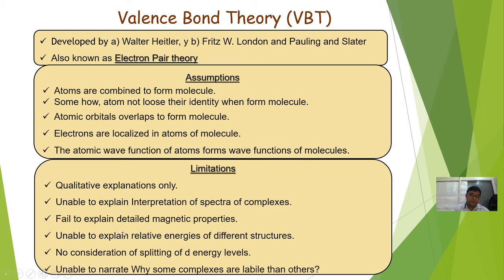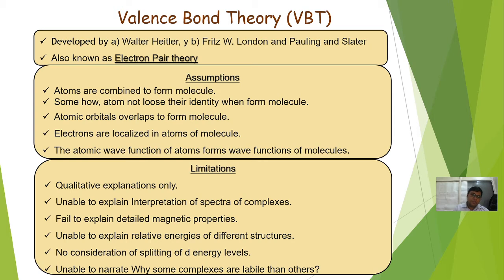It fails to explain the detailed magnetic properties of compounds or complexes. Valence bond theory is unable to explain relative energies of different structures, how much energy the molecule formed from the overlapping of atomic orbitals has. That cannot be explained by valence bond theory.